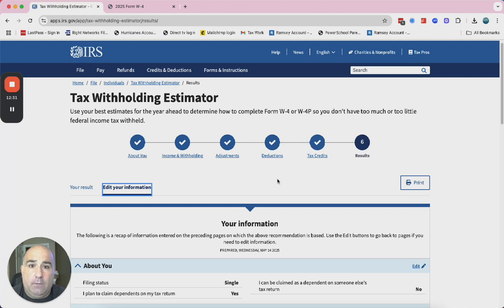So here we are in May. Any changes we make will only, once you go to that full year, it kind of messes up the withholding. So you want to make sure you go back in to adjust for that.